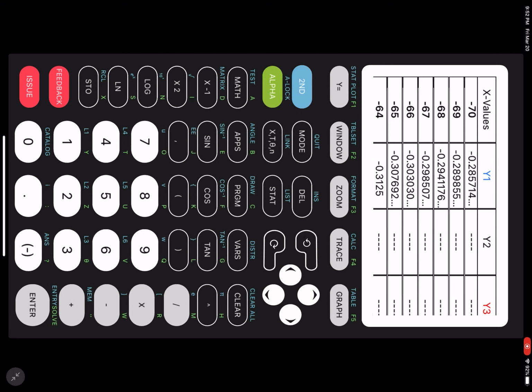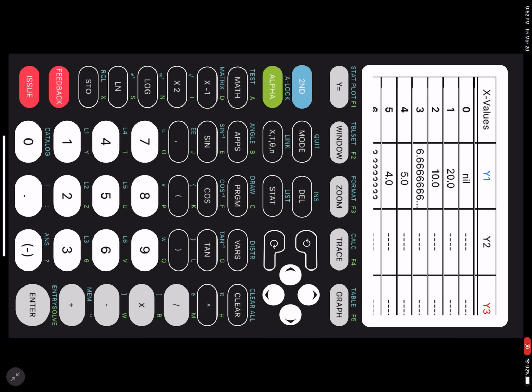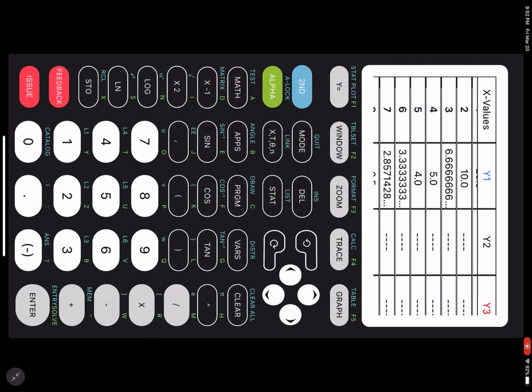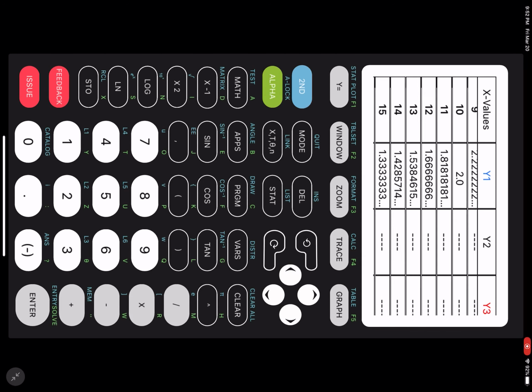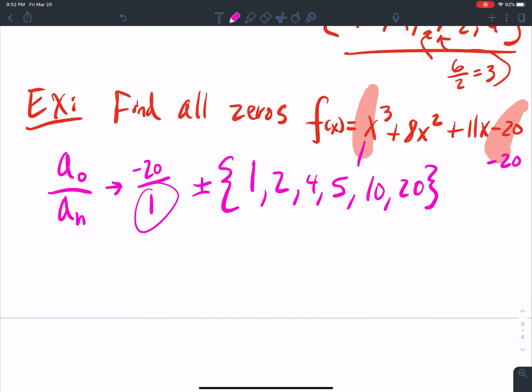So 1 times 20, 2 times 10, 4 times 5, those are all factors of 20, okay? So 1, 2, 4, 5, 10, and 20.